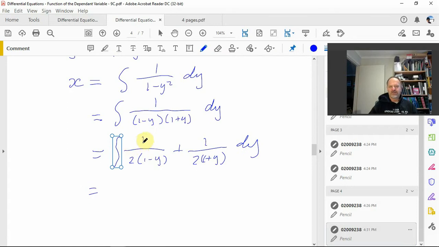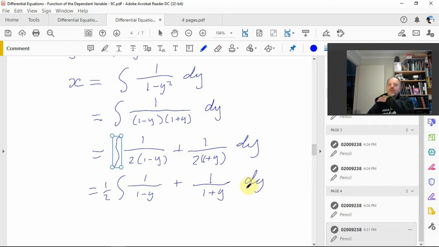Now, of course, there's a factor of a half in each of those, so we can take it out the front. The integral of 1 over 1 minus y plus 1 over 1 plus y dy.